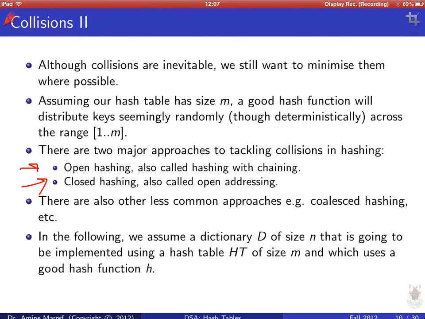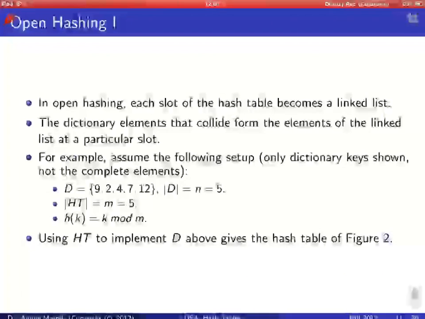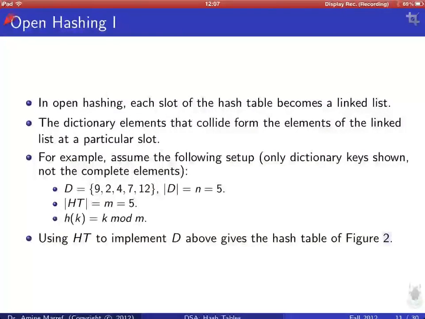We want to insert it in the hash table according to the hash function k modulus m. M is the size of the hash table, which is 5. So m equals 5.